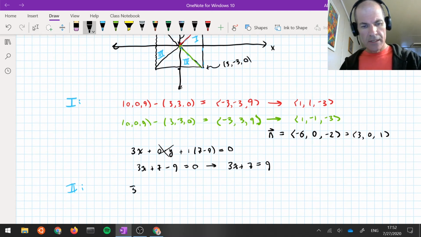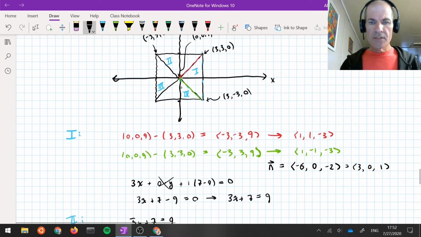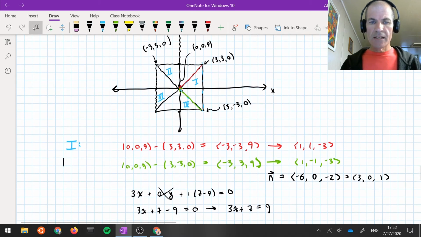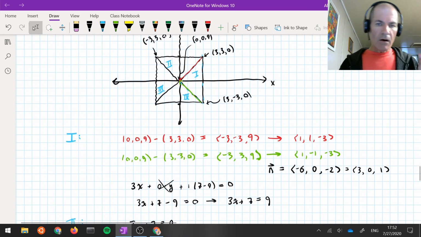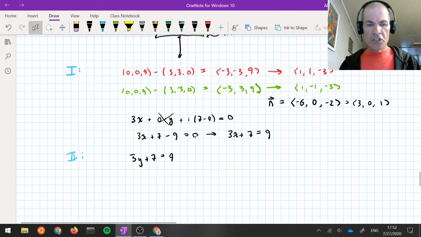So we'll try 3y plus z equals 9. Why did I choose that? Well, notice what's happening on the first surface. The x-coordinate is positive, 3, 3. If you look at the y-coordinates along this face, the y-coordinates are positive. So all things being equal, we should just be able to change this x to a y and get what we want.